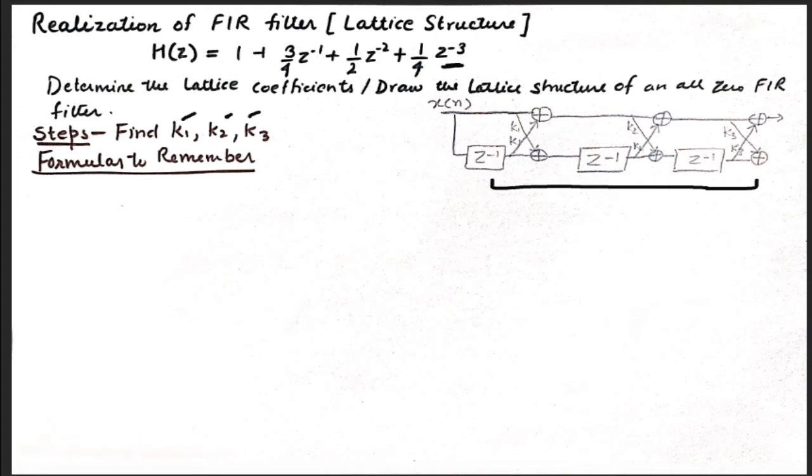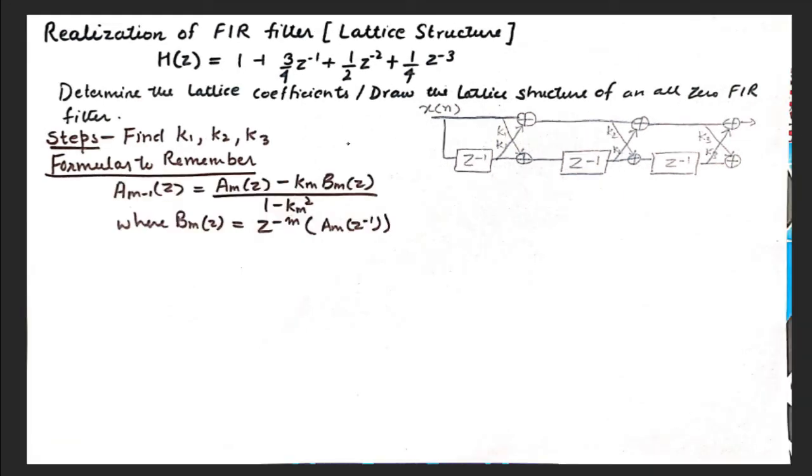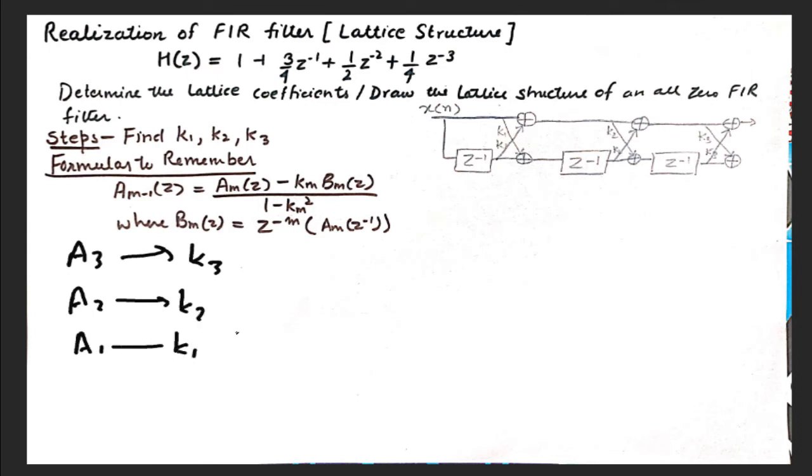And the formulas to remember, again, it is similar to that of the IIR filter. You need to find A3, A2 and A1. From A3 you can easily find K3, from A2 you can find K2, and from A1 you can find K1.